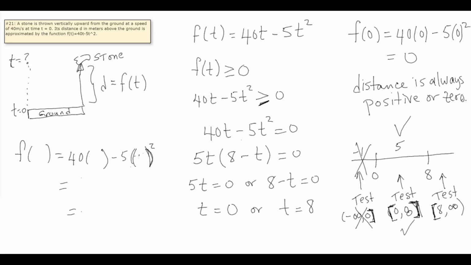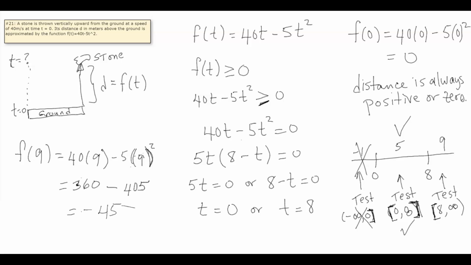Lastly, I'll check the last interval. I'll plug in a 9. So I get 40 times 9, which is 360, minus 81 times 5, which gives me 405, and 360 minus 405 is going to give me a negative number.